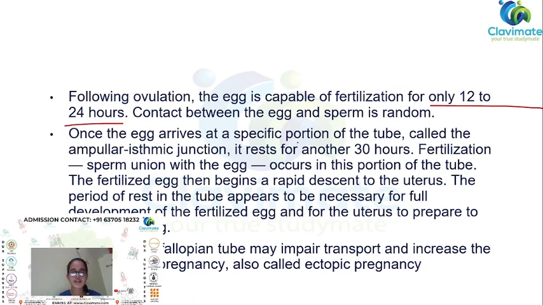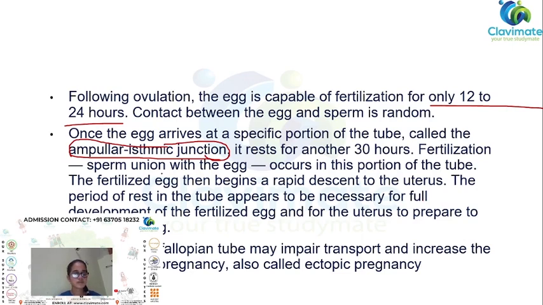Once the egg arrives at the specific portion of the tube called the ampullary isthmic junction, it rests for another 30 hours. Fertilization, the union of sperm with the egg, occurs in this portion of the fallopian tube. There will be the ampullary isthmic junction where fertilization actually occurs.